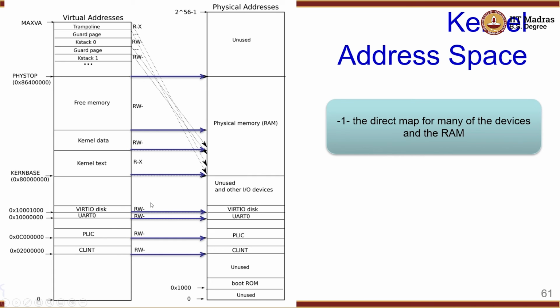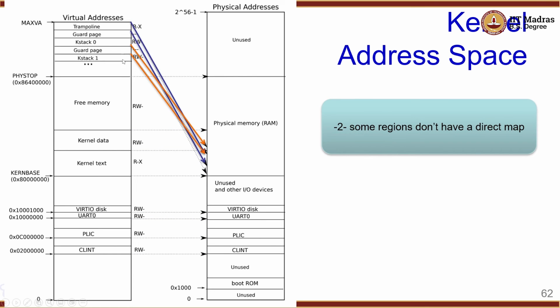But we also see that there are some mappings which are not directly mapped. So for example, we have certain things like the trampoline, the kstack, the kernel stacks and so on, which are not directly mapped.